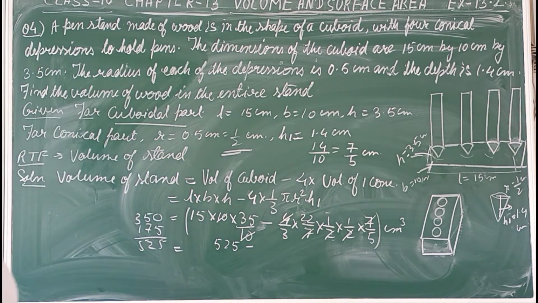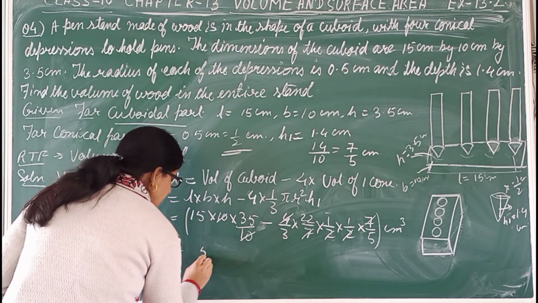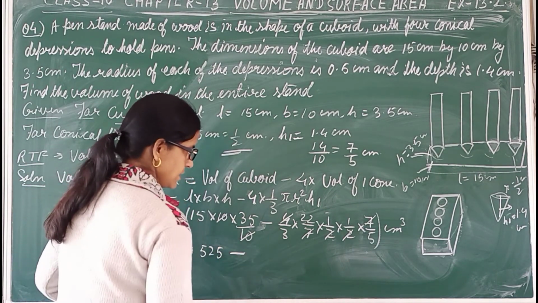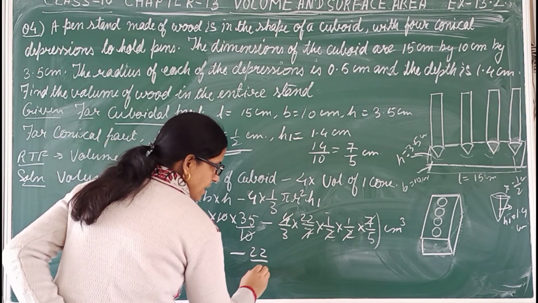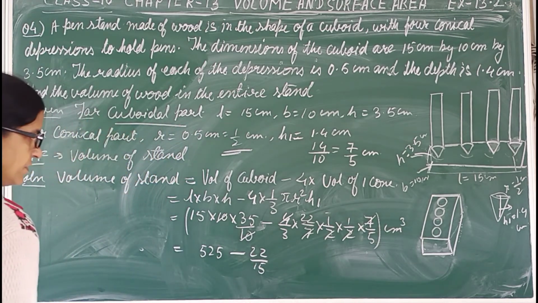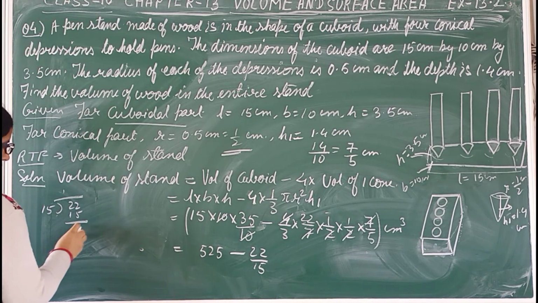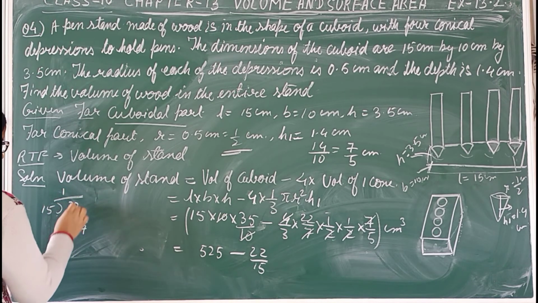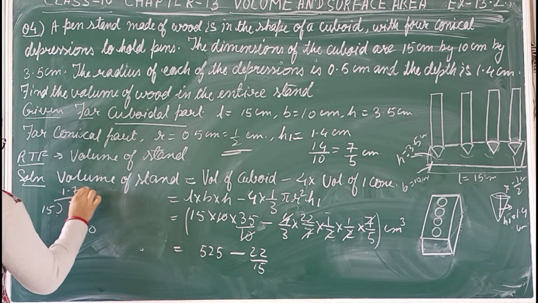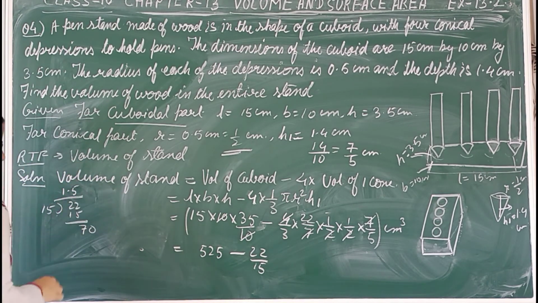So this will be equals to 525 minus 22 by 15. Now 22 by 15, I am taking the value approximately 1.5.